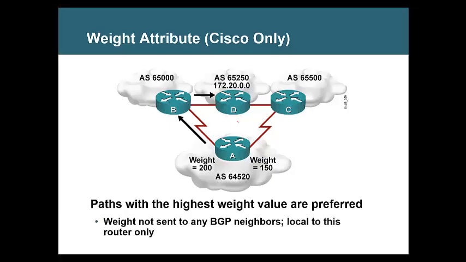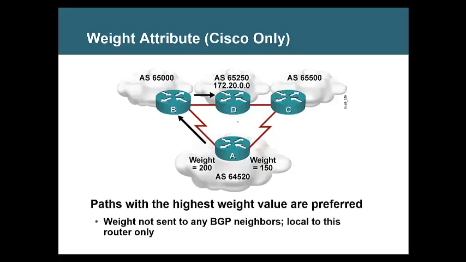Now, this is also the same as local preference. It helps to decide the exit, but the difference is that this is local to the router, not to the entire autonomous system. So when I configure weight on one router, only that router uses it to take a decision.